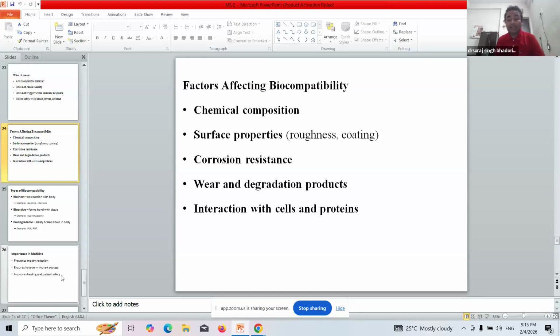Next is the wear and degradation of the product. Now what does it mean? Wear and degradation product means when we have certain element or compository element which degrades or decreases the size of that particular material, it is the degradation product. So generally we use certain materials which neutralize the action of nanoparticles.